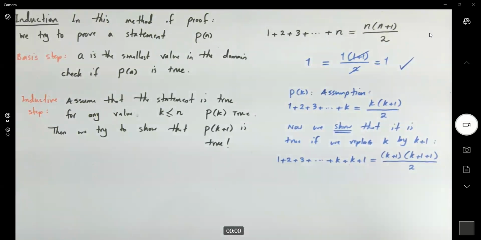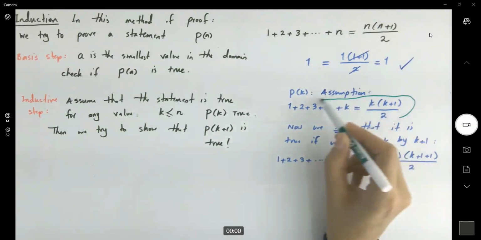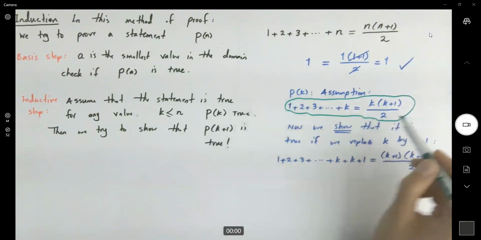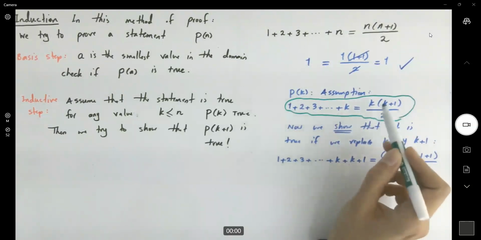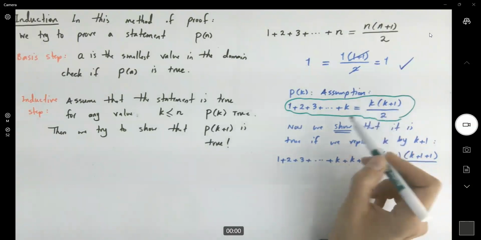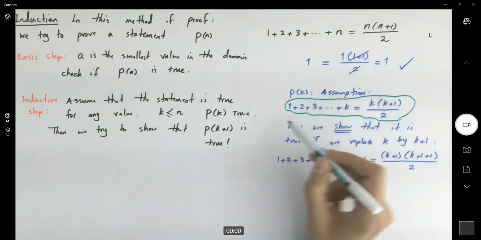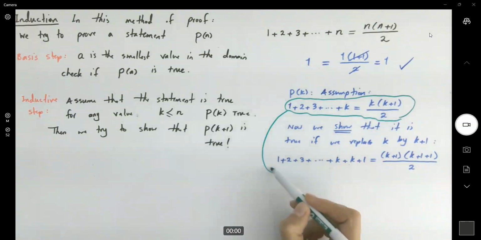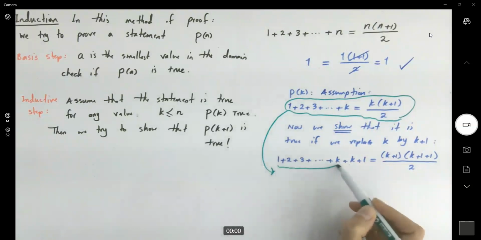There are different ways of showing that these two are equal to each other. What are you going to do? You can use this assumption that 1 plus 2 plus 3 plus the rest of the terms plus k is equal to k times k plus 1 divided by 2, and replace it for the sum of the very first k elements.